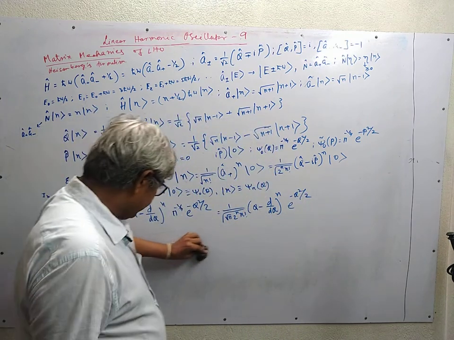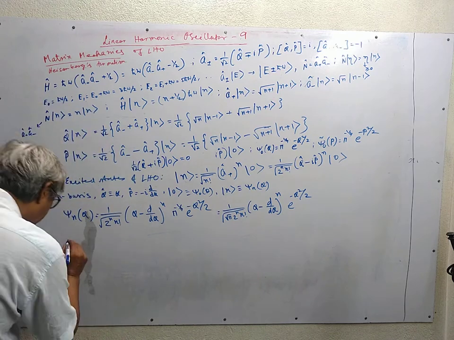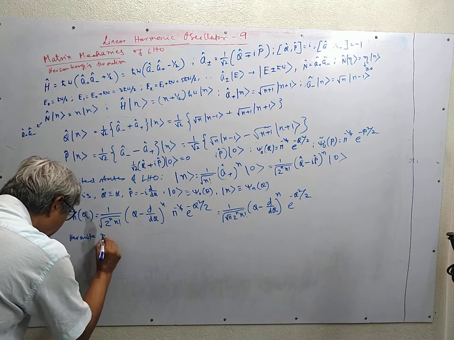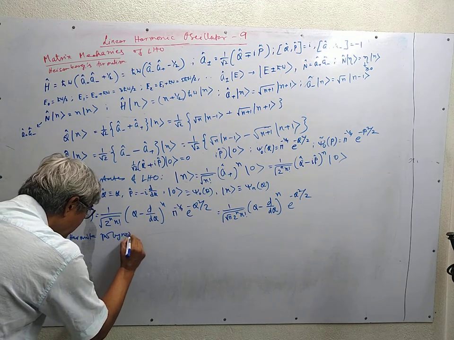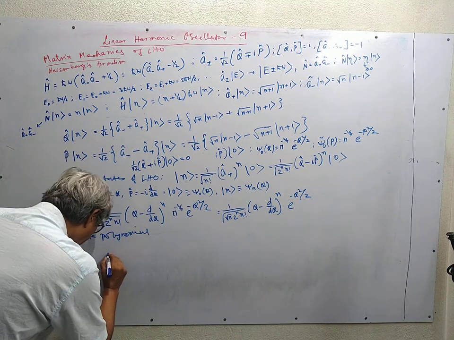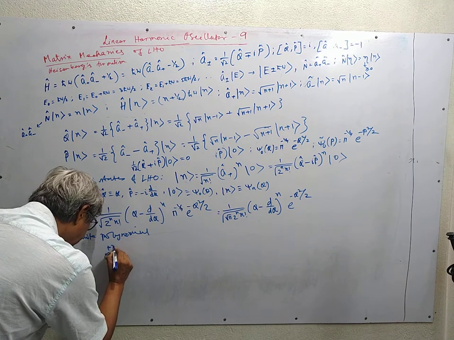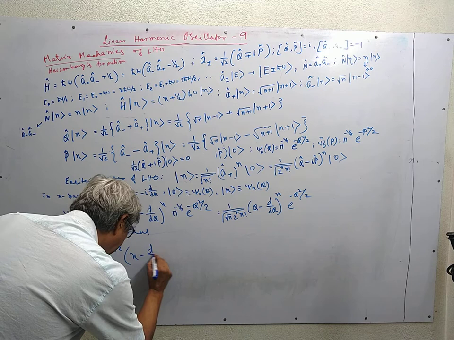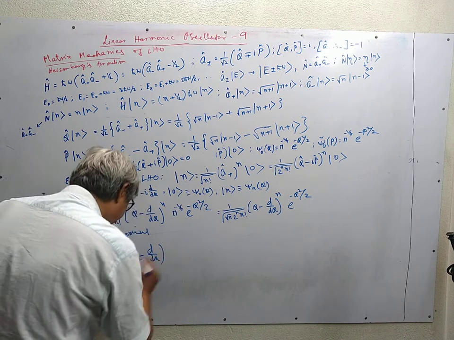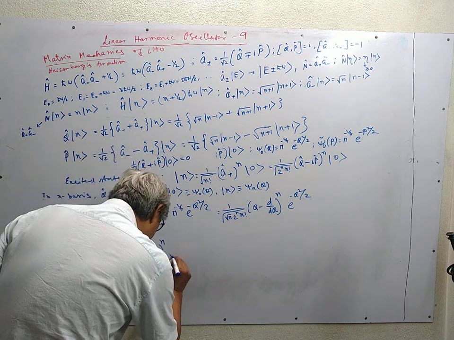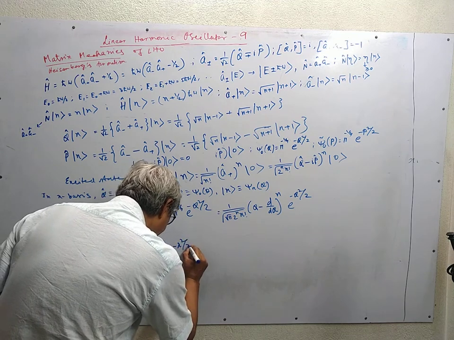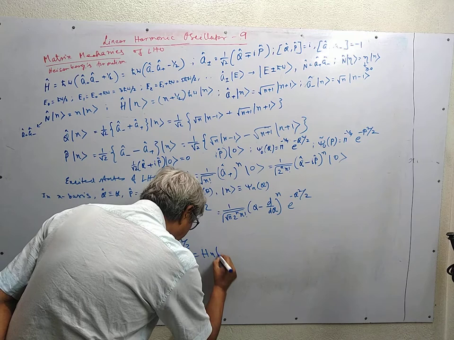Now there is an interesting property of Hermite polynomials. We have e to the power plus x square by 2 (x minus d/dx) operating on e to the power minus x square by 2 is simply Hn of x.